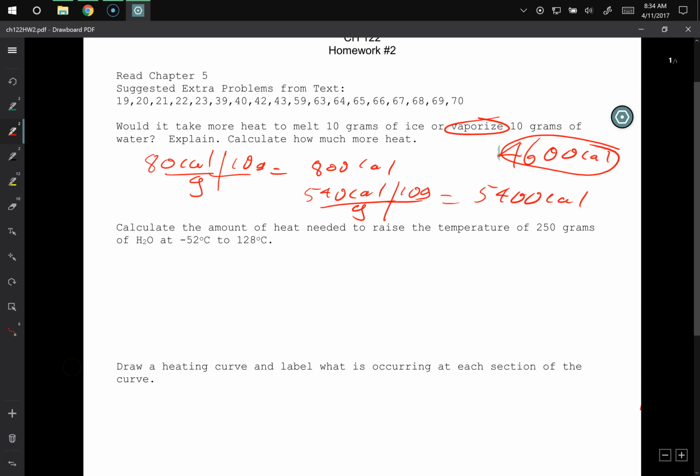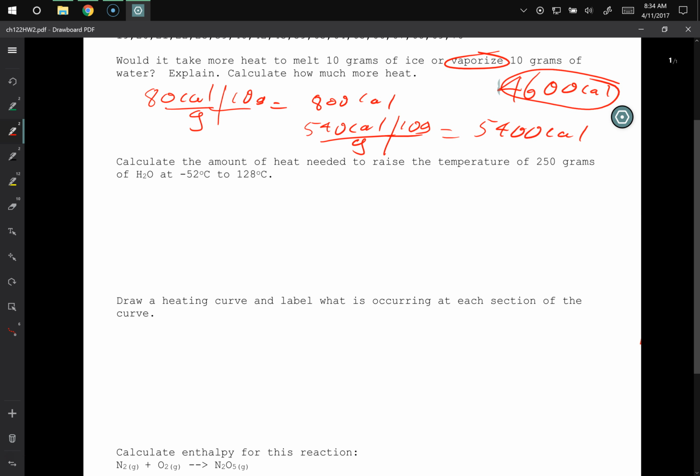Calculate the amount of heat needed to raise the temperature of 250 grams of water. Okay, so this one seems... Oh no, that's right. That was the problem we were supposed to do, and I wasn't supposed to give it to you last time. Alrighty, so this is the problem, right?